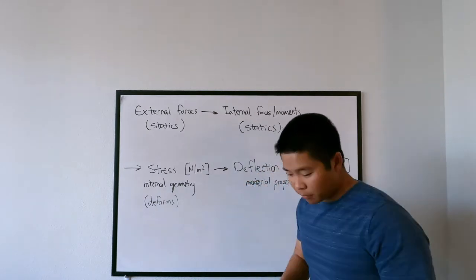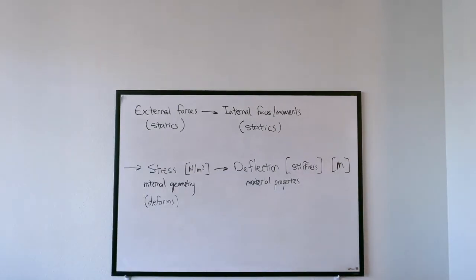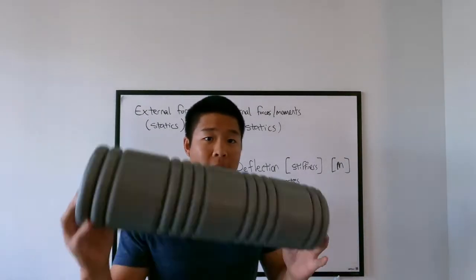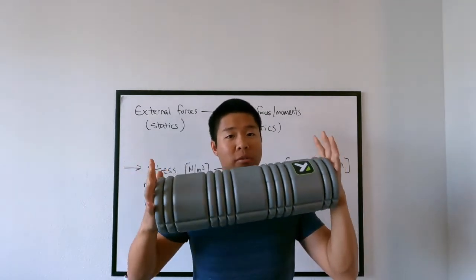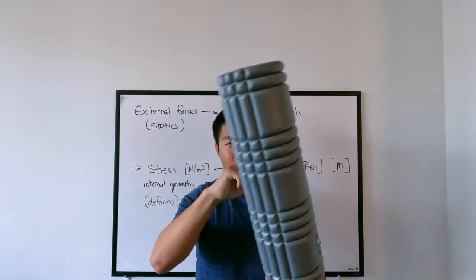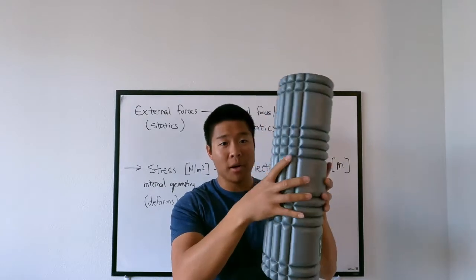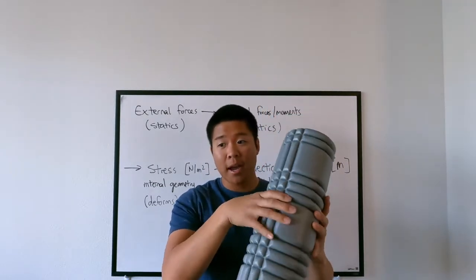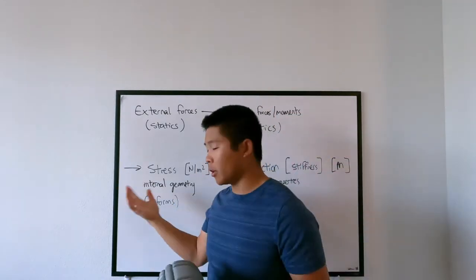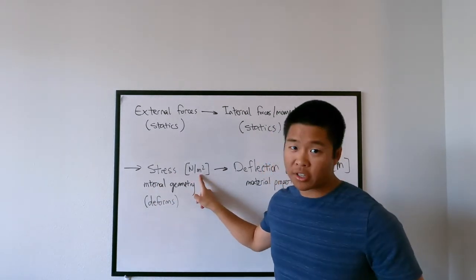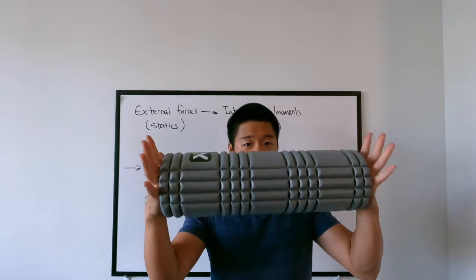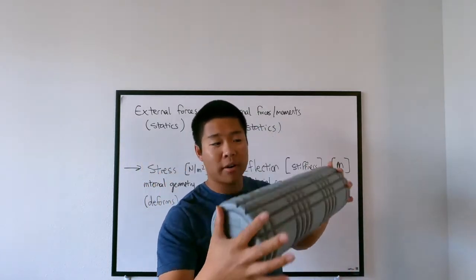So for example, if I have this thing right here and I'm squeezing it, it's a foam roller, right? If I squeeze it like this, the inside is going to experience some amount of stress. And the stress, of course, we're going to have a whole lecture on this, is going to be the force divided by the cross-sectional area, which is whatever force I can apply to it, divided by the cross-sectional area of this.